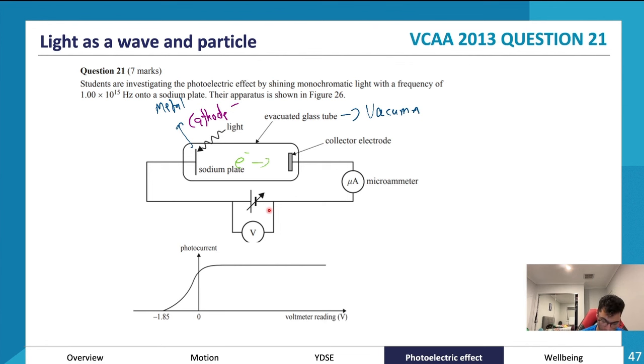And the other side, to which the electrons are going to travel, is called the anode, which is going to be positive. For anyone who's doing chem, anode and cathode, positive and negatives, are not the same as the chemistry ones. So just make sure, if you're doing chemistry as well, not to confuse anode and cathode.